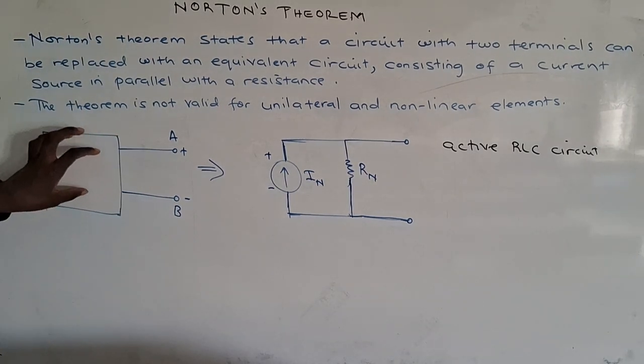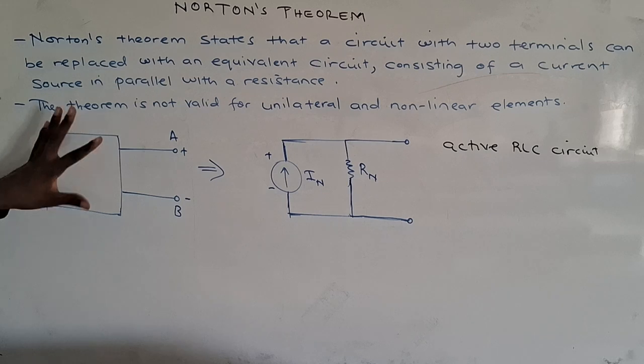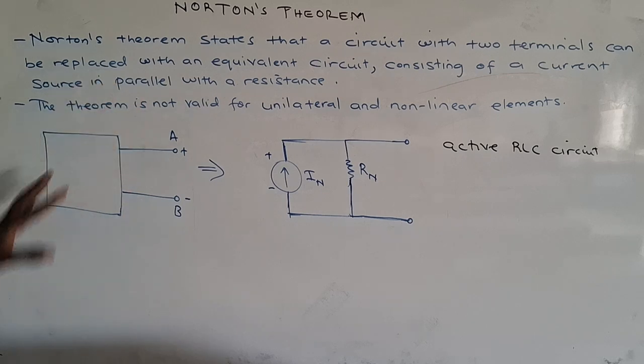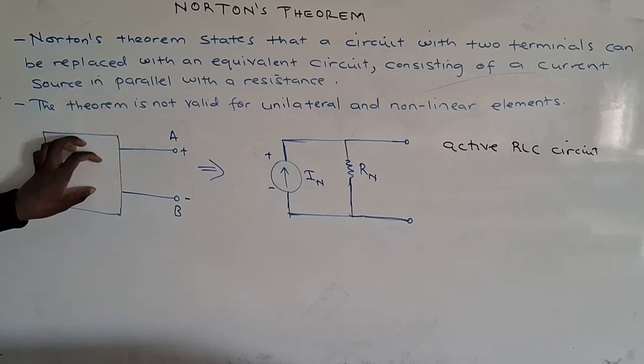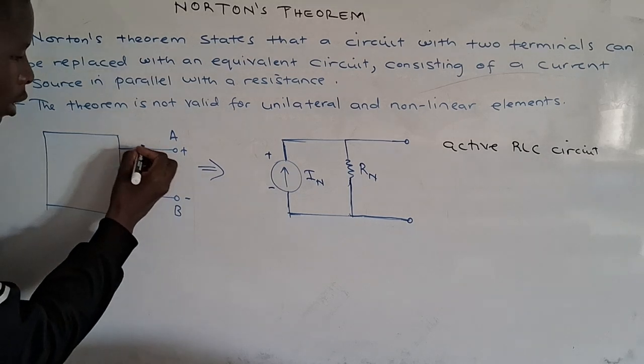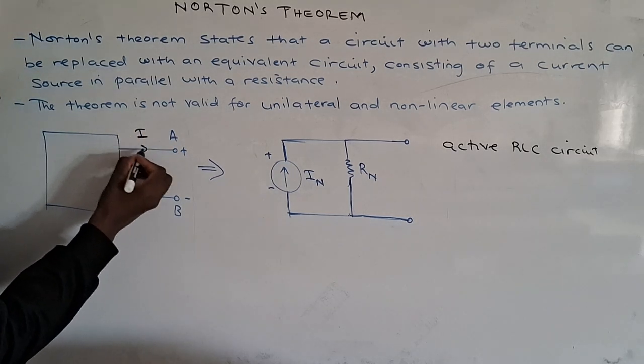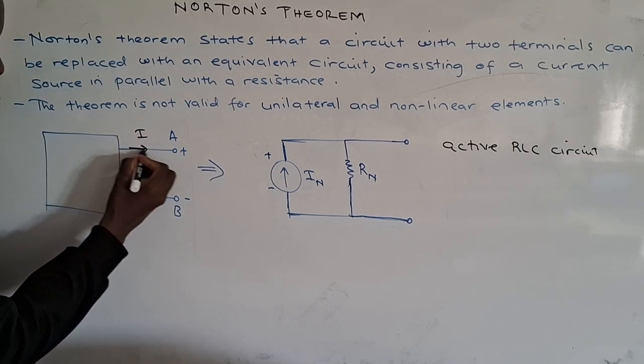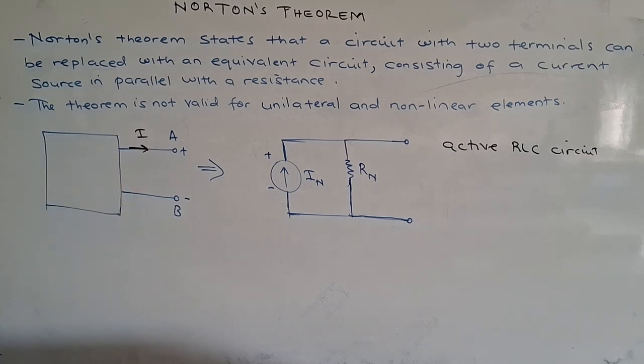So here we have many capacitors, many inductors, many resistors, and also a power supply. If we have a power supply, it means you have current. Suppose this is the current from the network. The other thing is this.